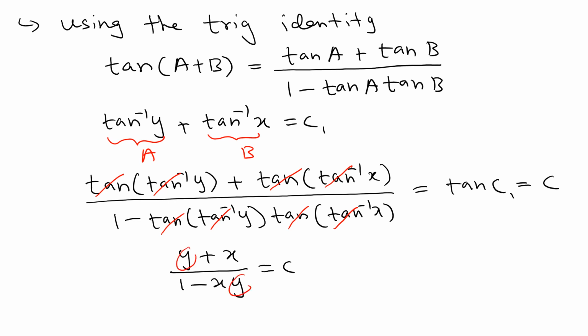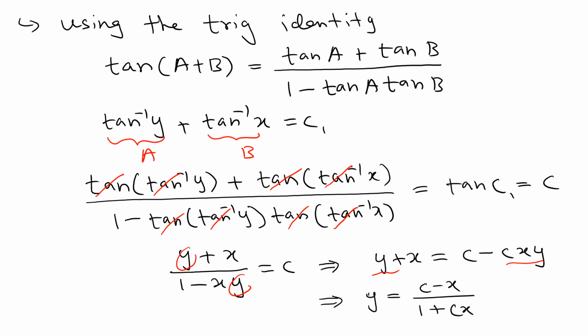If you cross multiply and bring all the terms to one side, we have y plus x equals c minus cxy. Now we bring the y terms to one side, factor out and divide, so we get the final answer like this. It should be y plus x on this one. Okay, so you get y equals (c minus x) over (1 plus cx) as the final answer for this one.